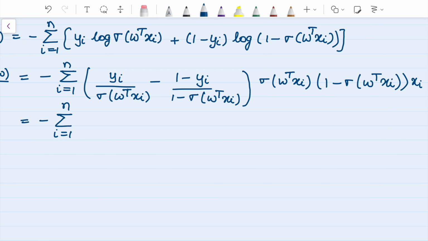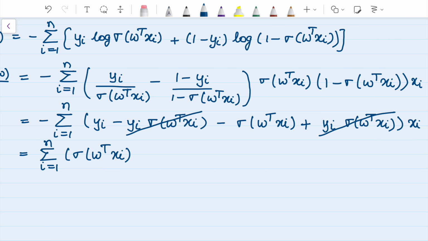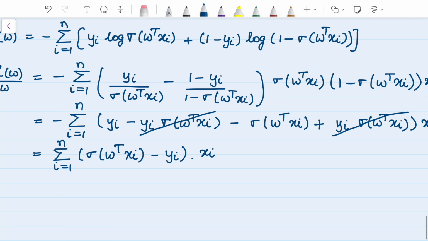We cancel the positive and negative terms yi times sigma(W transpose xi). So finally we have the derivative of the loss function to be the sum from i equals 1 to n of (sigma(W transpose xi) - yi) times xi.